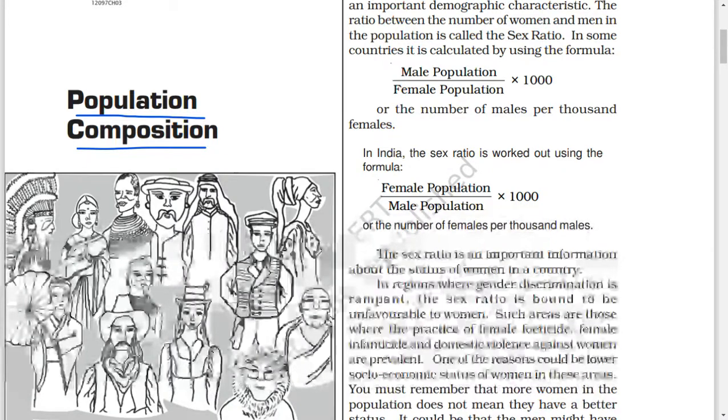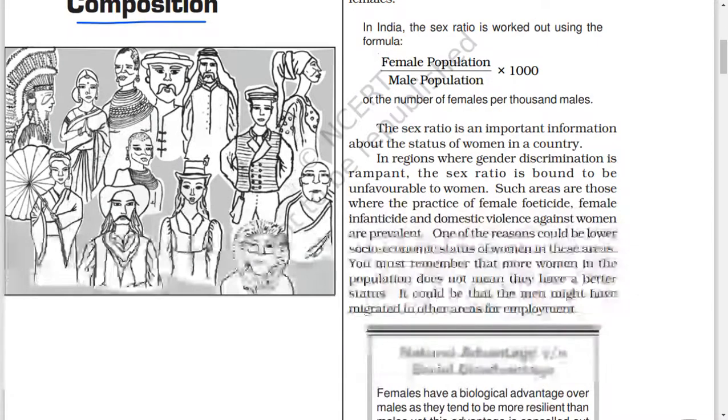The sex ratio is important information about the status of women in a country. In regions where gender discrimination is rampant, the sex ratio is bound to be unfavorable to women. Such areas are those where the practice of female foeticide, female infanticide, and domestic violence against women are prevalent.